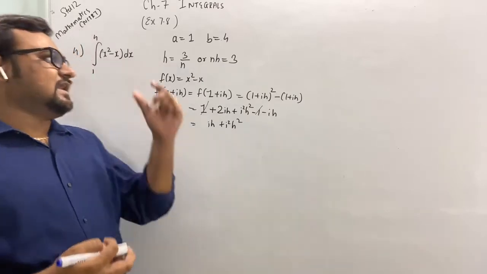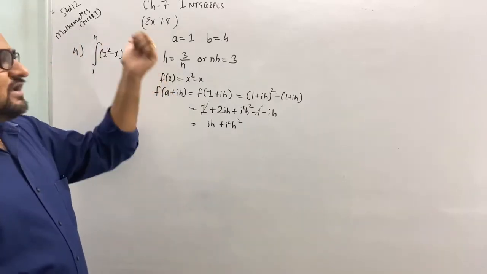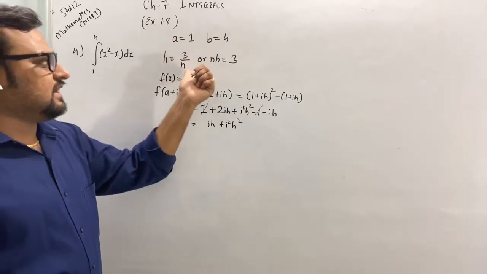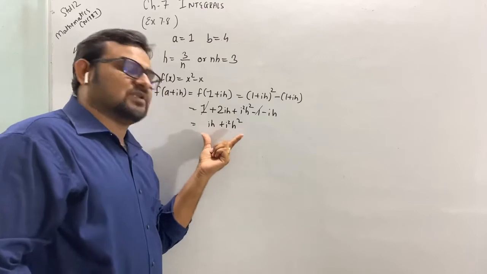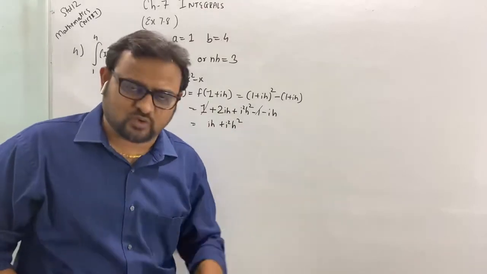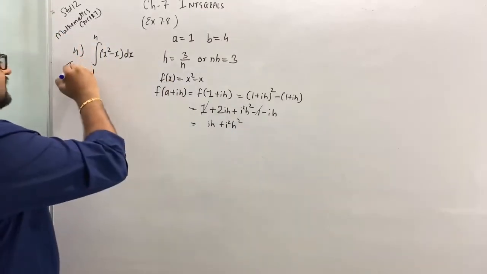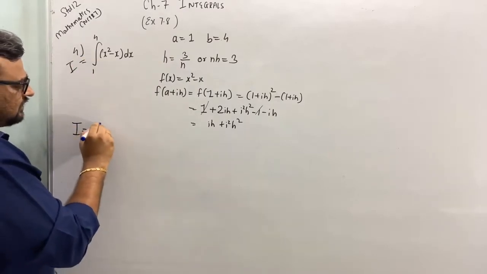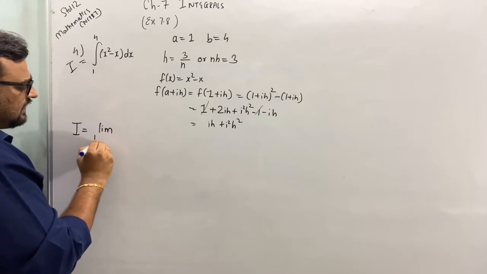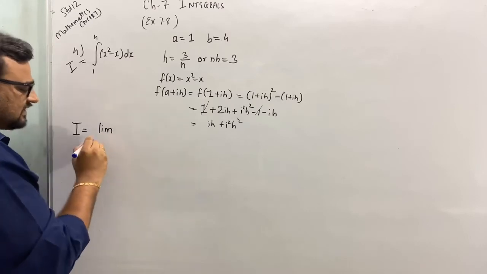So this was the starting part. We have selected a lower limit, b upper limit, h is b minus a by n, and nh equal to 3. F of a plus ih, we got ih plus i square h square. So what was the formula for the integral? Limit n tends to infinity or h tends to 0.